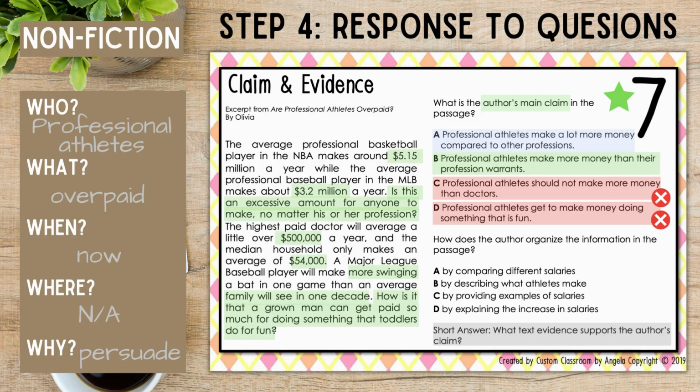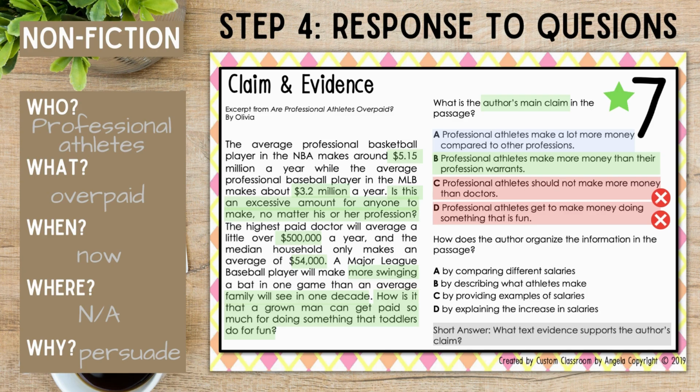So here we can see that throughout the whole text, there is support toward this claim. So it starts with listing out high amounts like $5 and $3 million a year. She also directly states, is this excessive amount for anyone to make, no matter his or her profession?